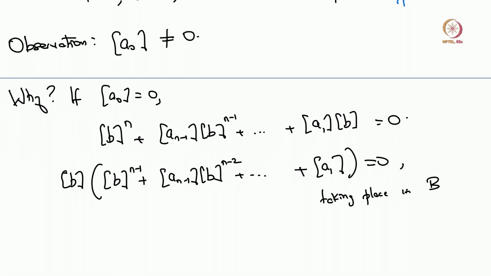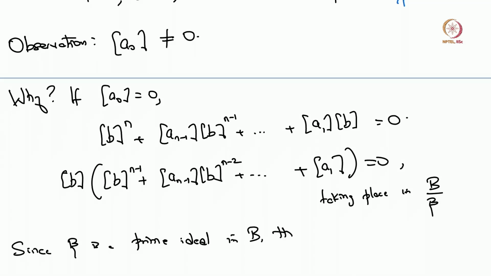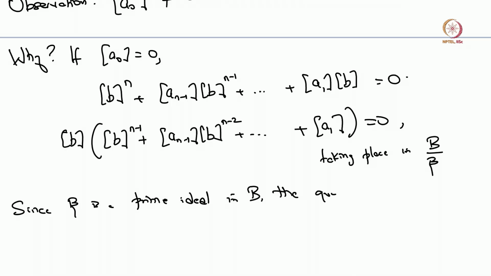in B mod beta. Now since by assumption beta is a prime ideal, I don't know if it's maximal or not, but by assumption it's a prime ideal in B, the quotient has to be an integral domain. And so if you multiply two elements of an integral domain and they're 0, then one of the elements has to be 0.